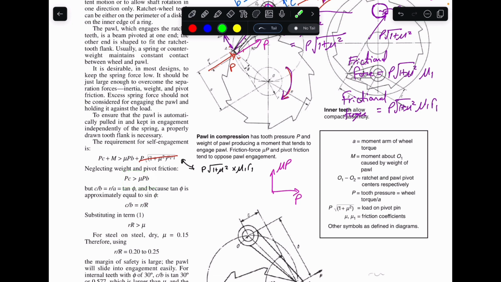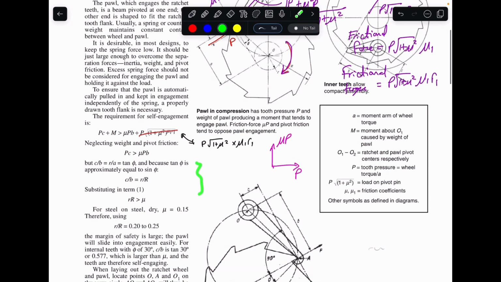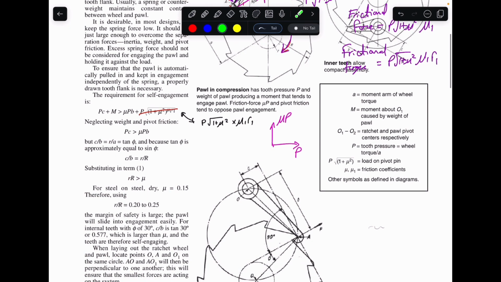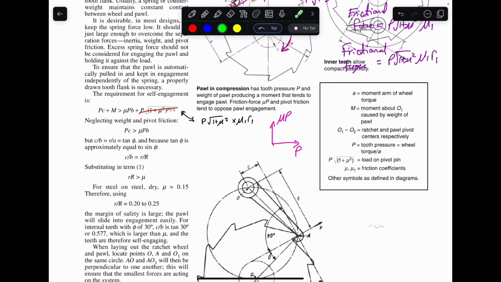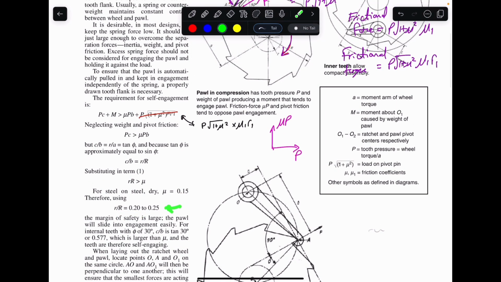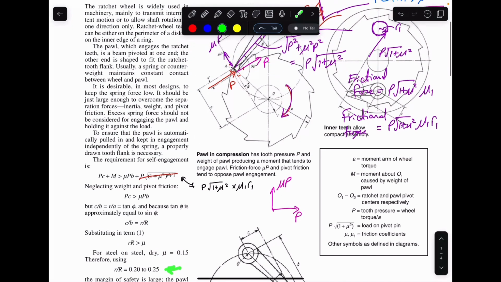The rest is just algebra, and what it works out to be is that if we are using a coefficient of friction of 0.15, then the ratio of small r to big R must be within this range, small r being the internal radius of the ratchet, and big R being the external radius of the ratchet.